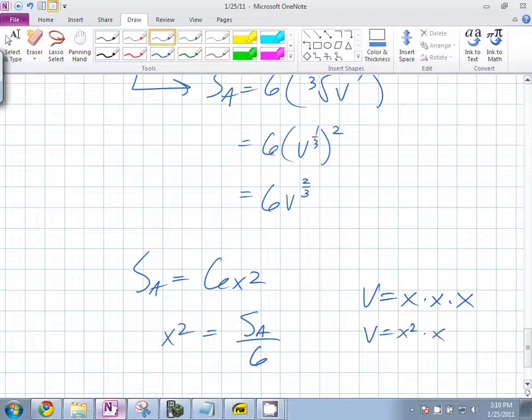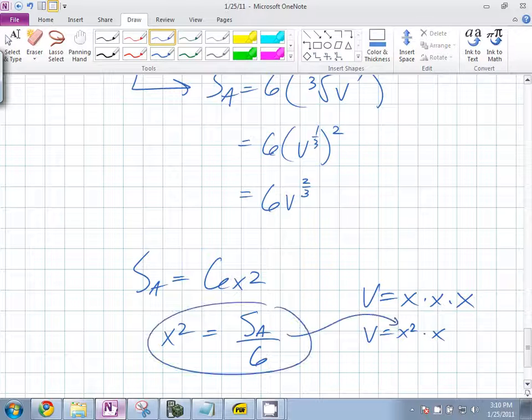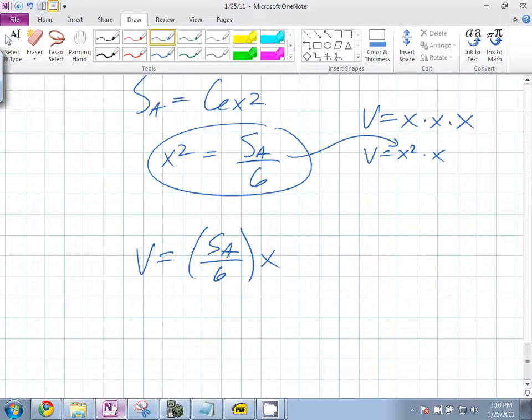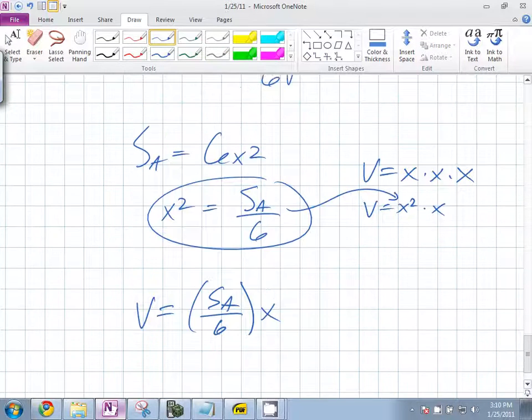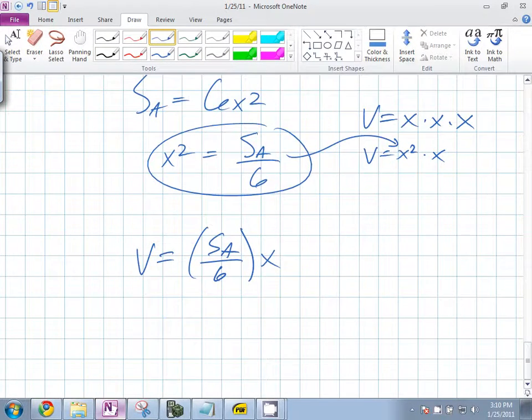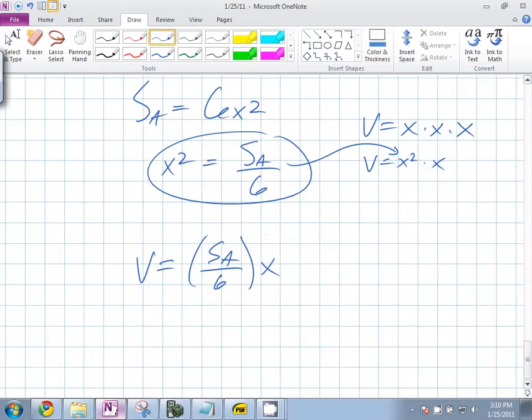So you have volume is equal to surface area over 6 times x. So solve for surface area, it was 6 times volume over the cube root of volume.